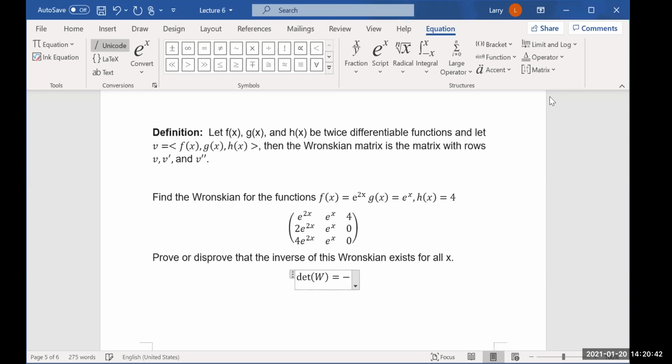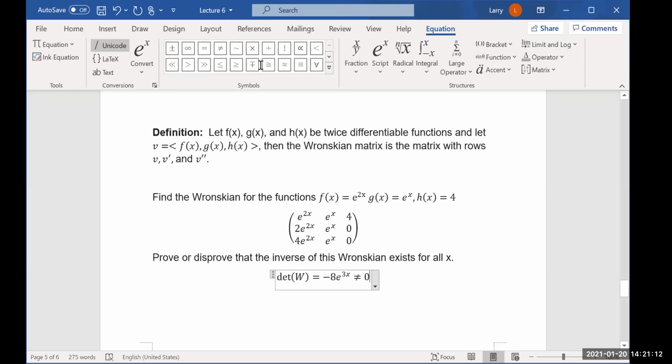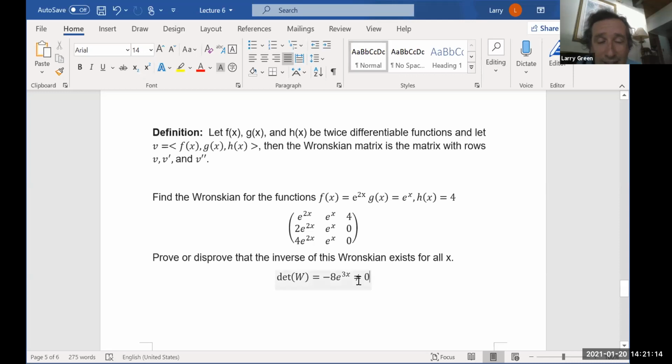So it can't equal 0 in that case. Did you get negative 8e to the 3x? Yes. Yeah, so if you did this right, then you should get negative 8e to the 3x.